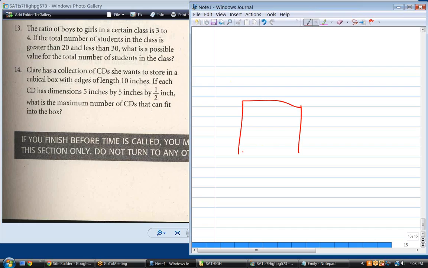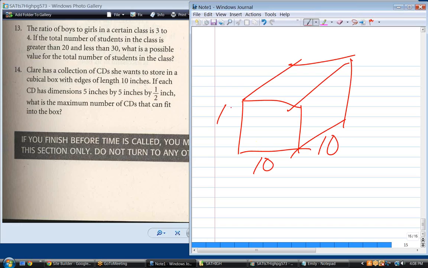She can fit 80. Okay, here's the box. How many can she fit in this bottom space?